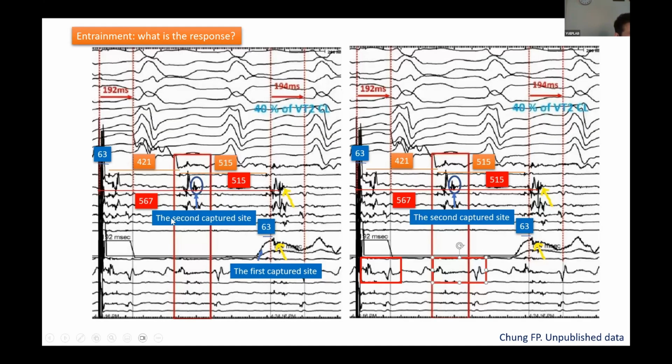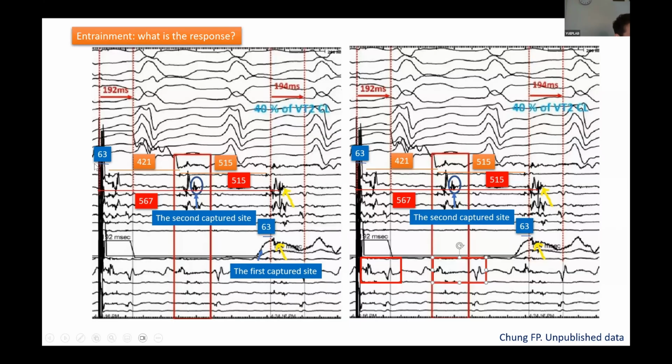When you look at this ECG, it's very funny because the stimulus to the onset of QRS is almost the same as the local EGM to the QRS, because we paced here at a very high output. So you could see that the stimulus to the onset of QRS is quite similar to the EGM to the QRS. It looks like it's concealed.